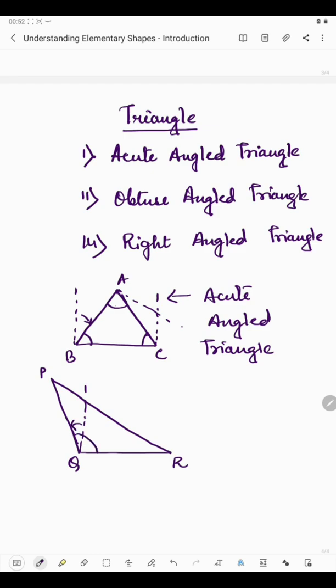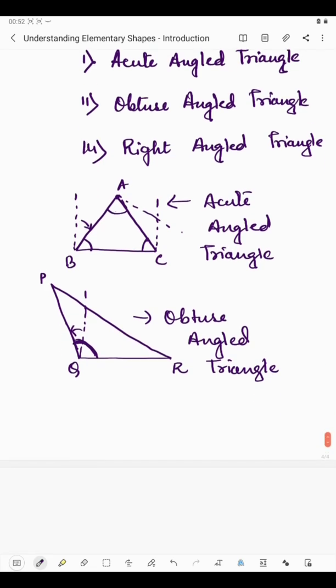Since this angle is greater than 90 degrees, this is known as an obtuse angle triangle. So if any one of the angles is more than 90 degrees, then it is known as an obtuse angle triangle.